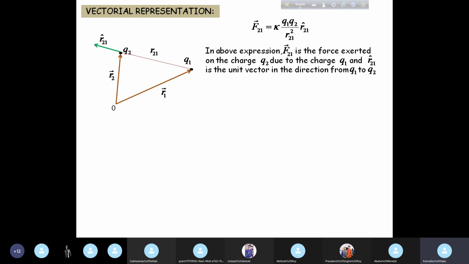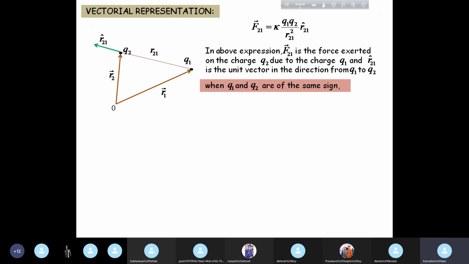Now please be very clear in these things. When you are writing F21 to be the force, then it is the force exerted on the charge q2 due to the charge q1, and r21 is the unit vector in the direction from q1 to q2.